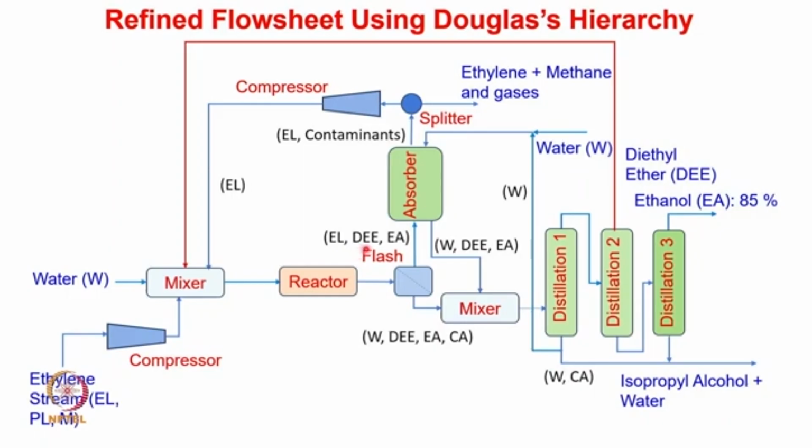In the absorber, diethyl ether and ethyl alcohol will be scrubbed by using the water, which will be again mixed here, and the gas coming out from the absorber will be comprised of ethylene, propylene and methane. This will then be recycled back to the reactor.